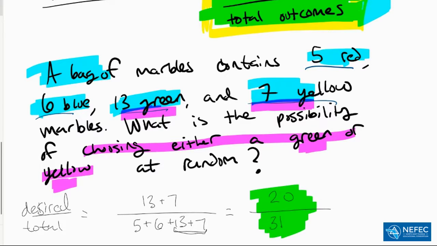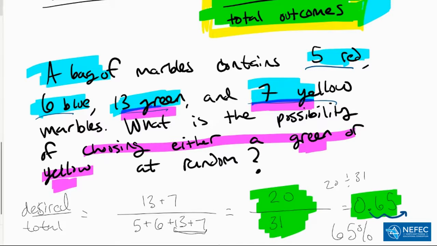We could grab a calculator: 20 divided by 31 gives me this as a decimal, 0.645, which I will round to 0.65. Now we have that same value as a decimal, and we could also write this as a percent by moving the decimal 2 places, and we get 65%.